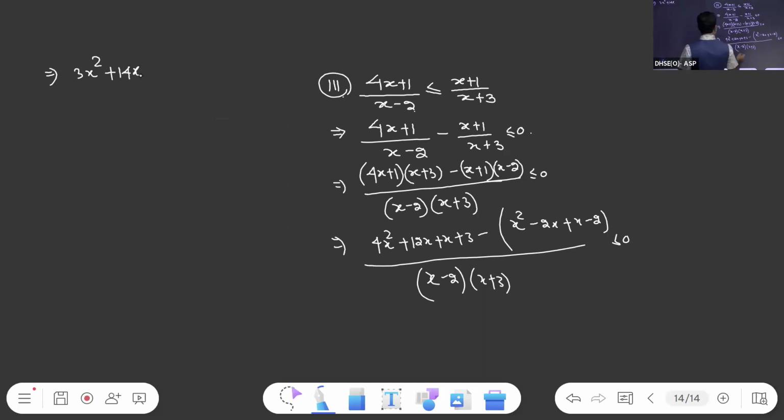Then the constant quantity 3 plus 2 is 5, upon x minus 2 into x plus 3 is less or equal to 0.